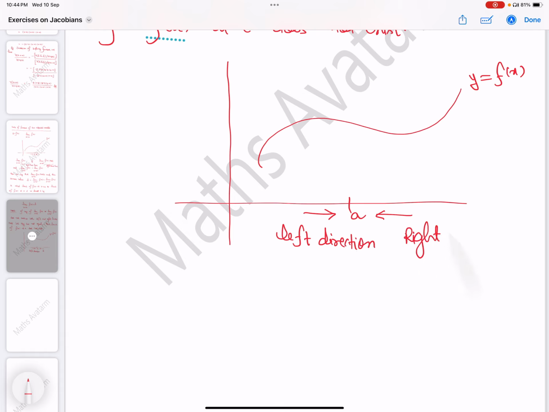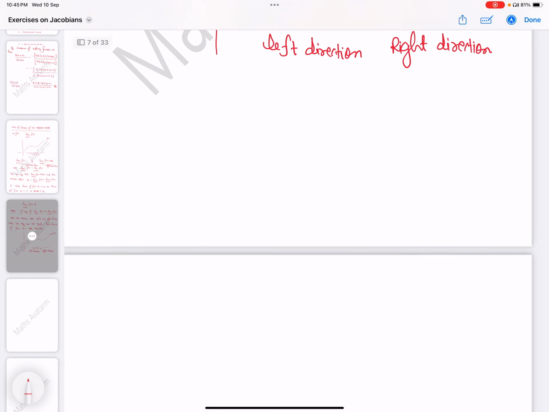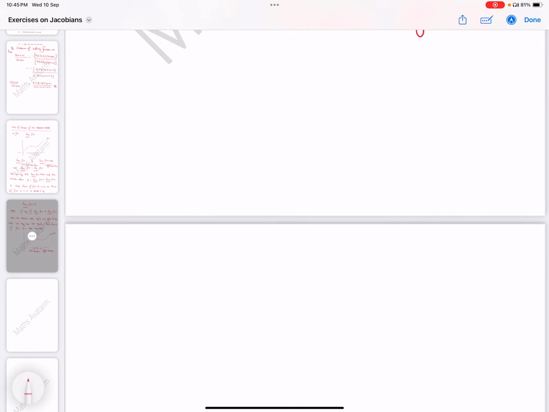So checking the left hand and right hand limit, we have only two directions, and we can check them manually. But once we have a function of two independent variables or more, the situation is something different.